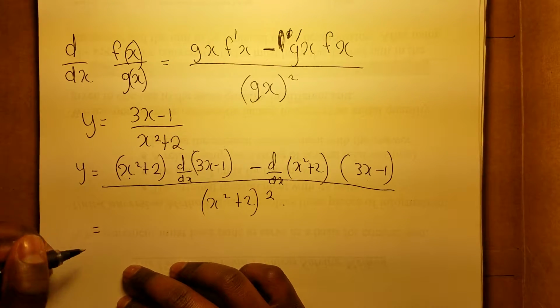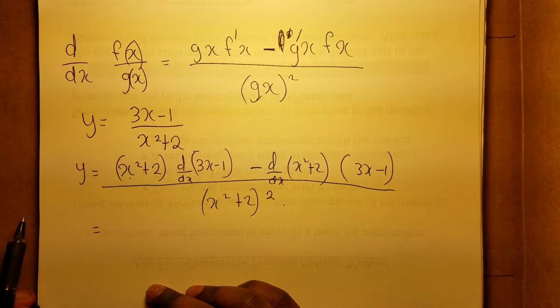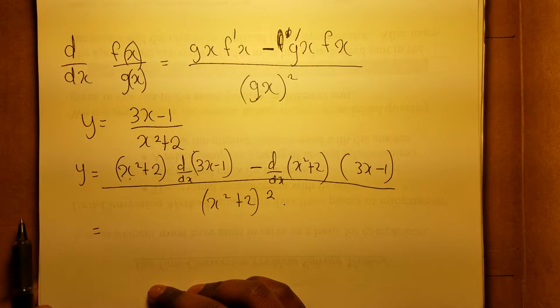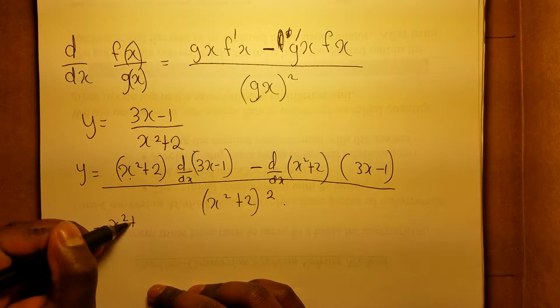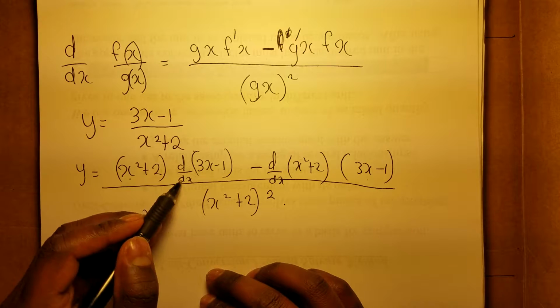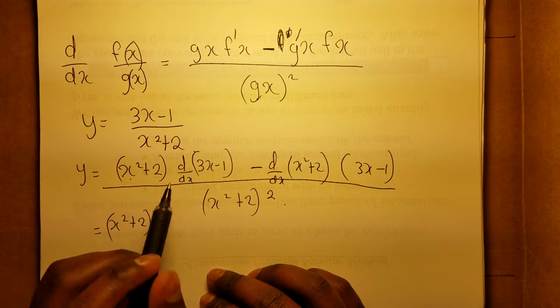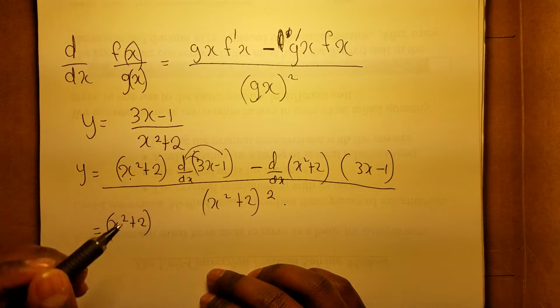So now you get x squared plus 2 by the derivative of 3x. Now this is this multiplied by this.